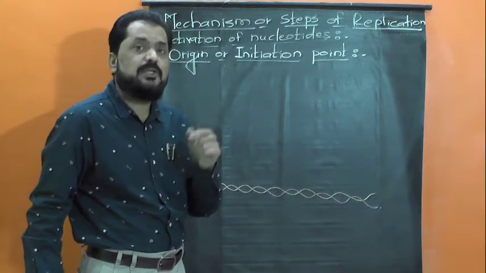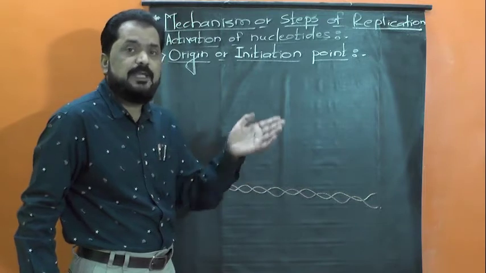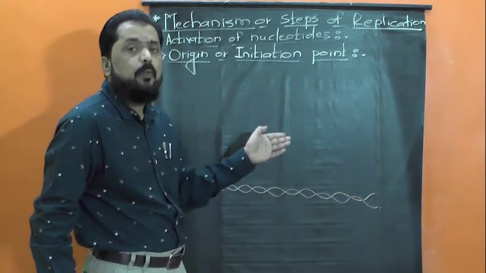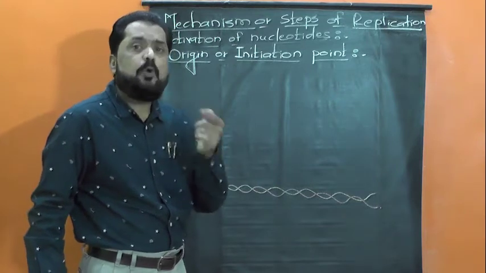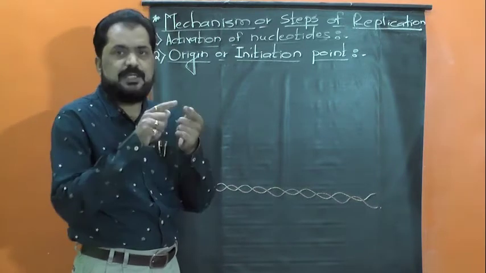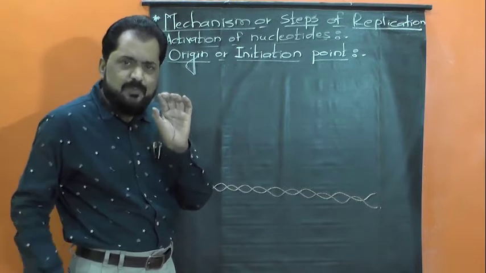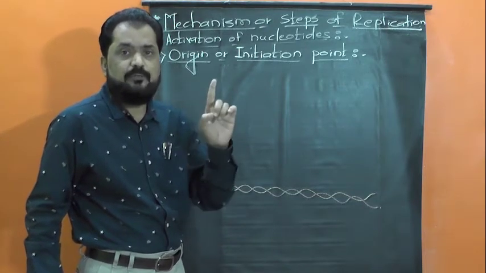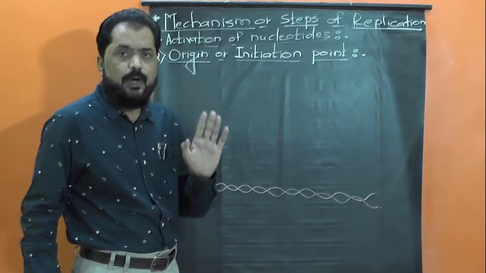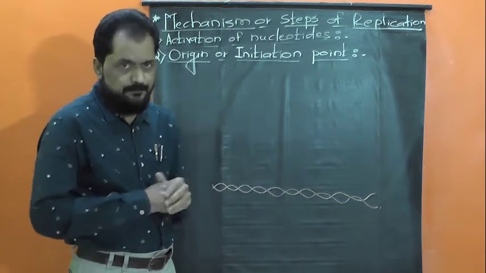It means in eukaryotic DNA there may be more than one initiation point, but in prokaryotes, that is in circular DNA, being small sized, there is only a single point of origin, only one initiation point.